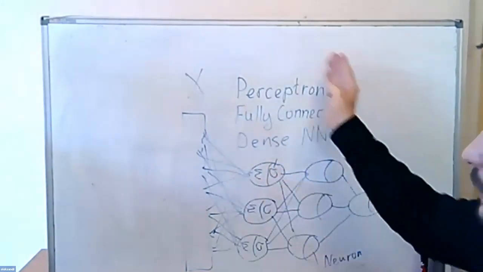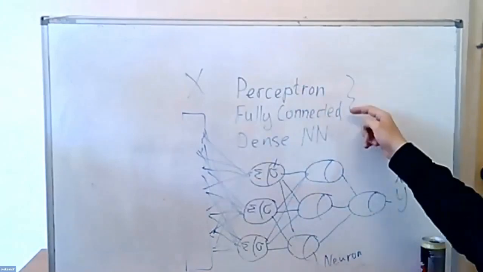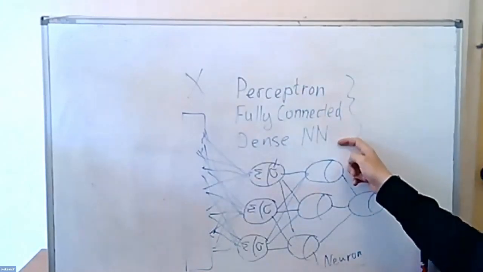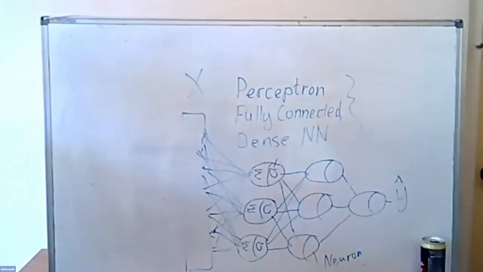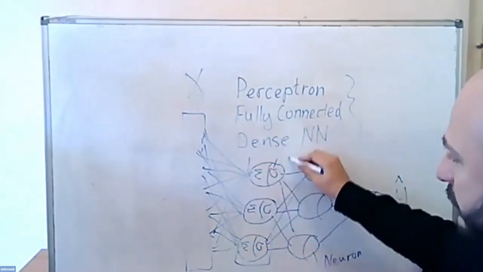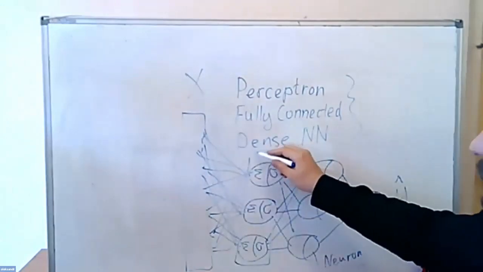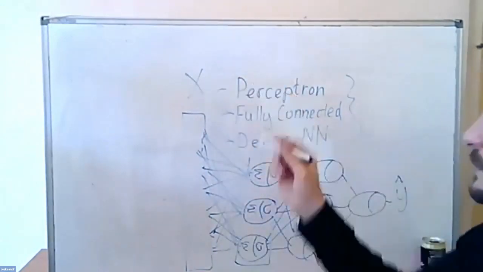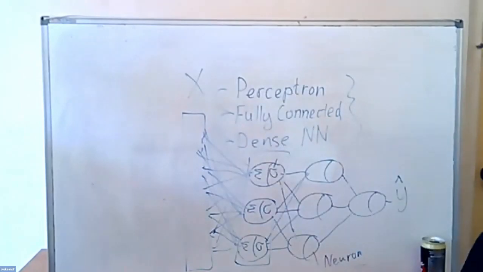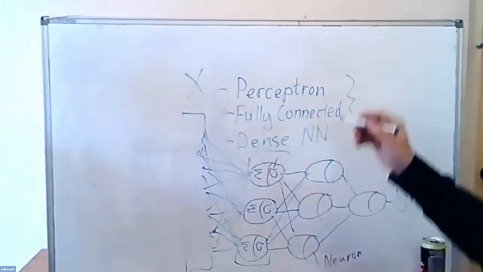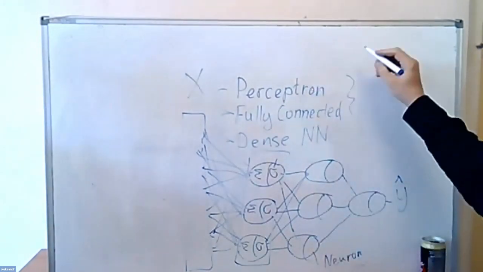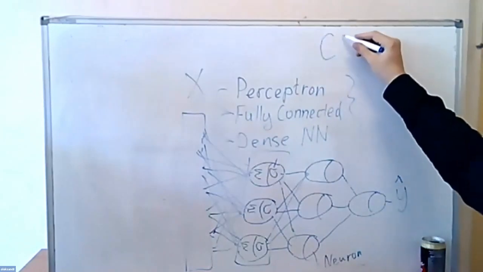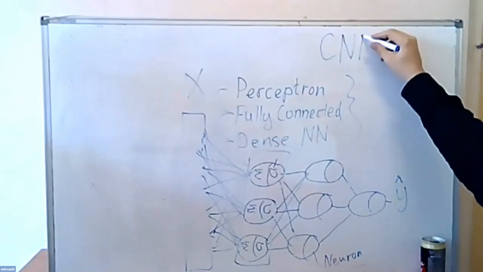Sometimes we call entire neural network to be perceptron, or fully connected neural network, or dense neural network. Sometimes we mention one of the layers in neural network to be dense, fully connected, perceptron, or something. We also will need to learn additional types of layers and additional ideas to handle computer vision projects and problems.